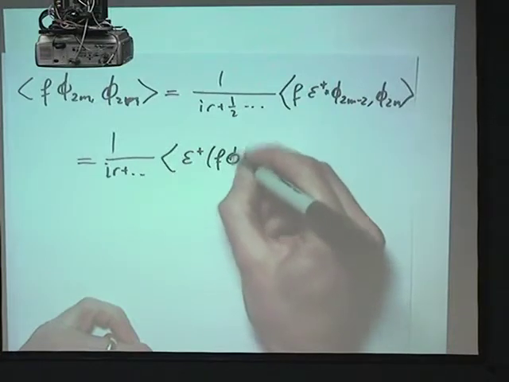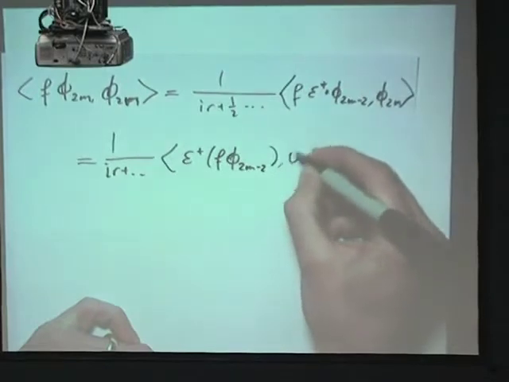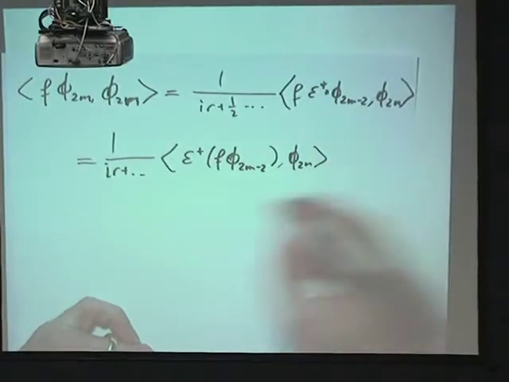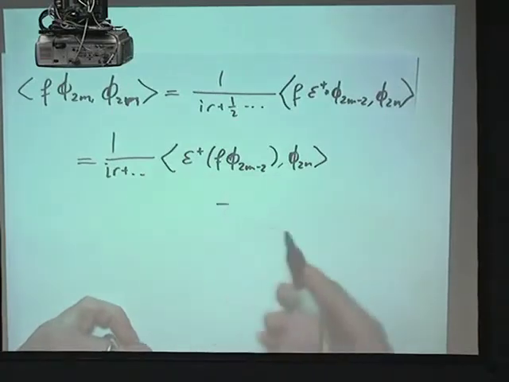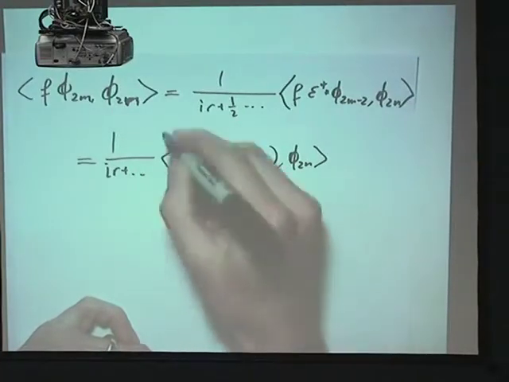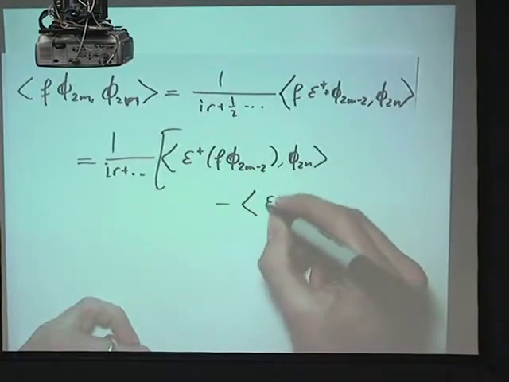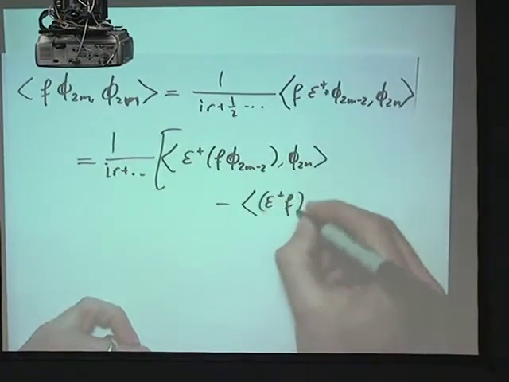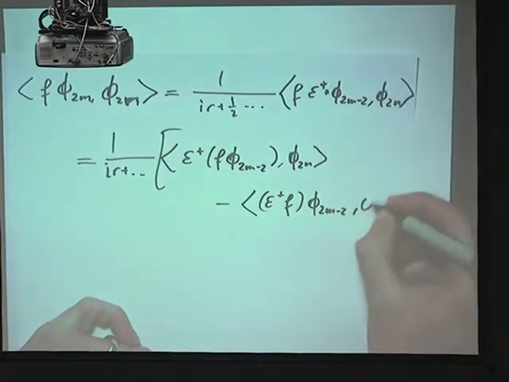So the pointwise product of phi 2m minus 2. And then subtract the term that comes up from the product rule, which is E plus applied to f, pointwise with phi 2m minus 2, phi 2n.